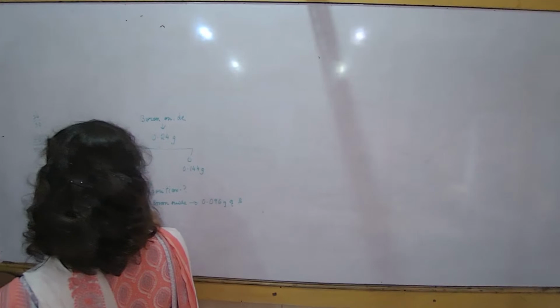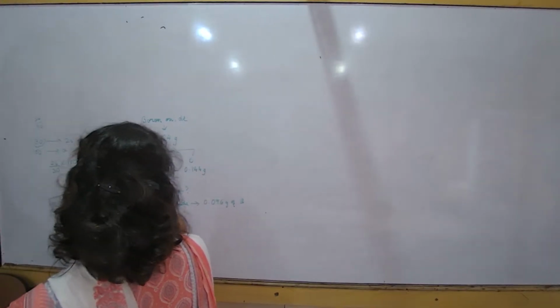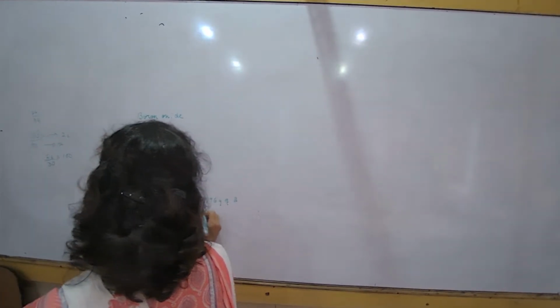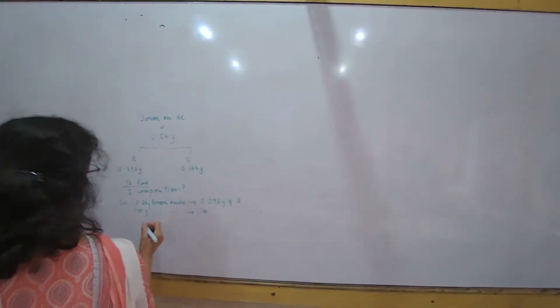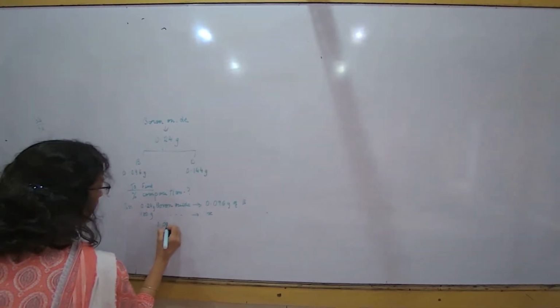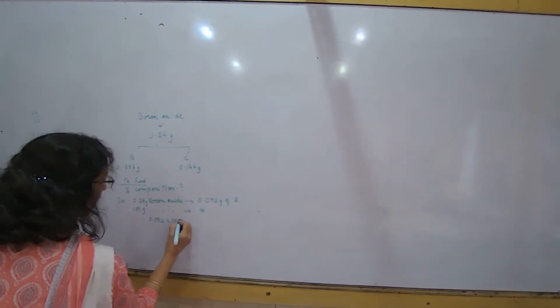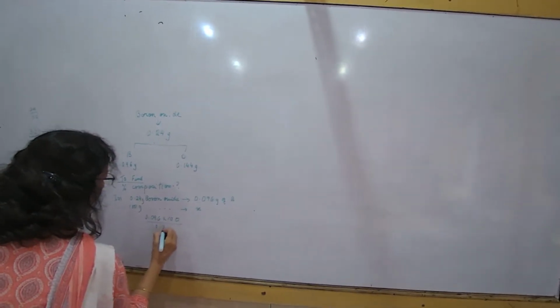Therefore, in 100 grams of boron oxide, you are finding out X. So what do we need to do? Cross multiply. 0.096 into 100 divided by 0.24.